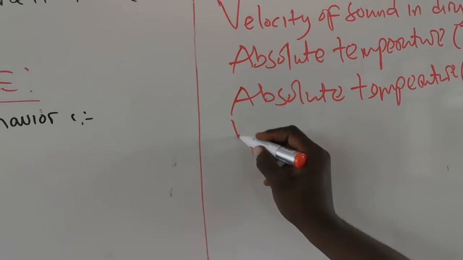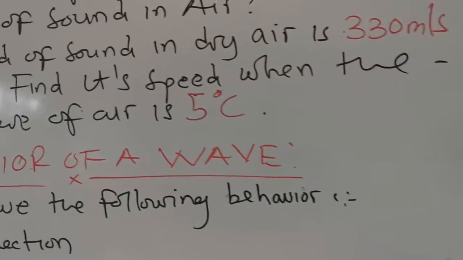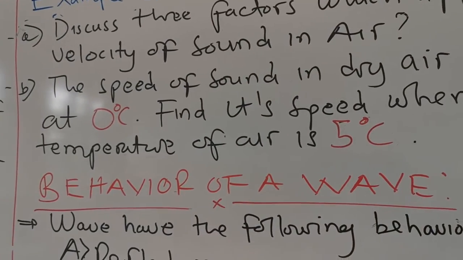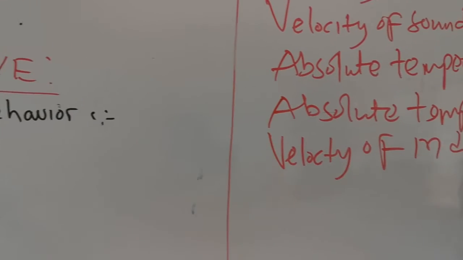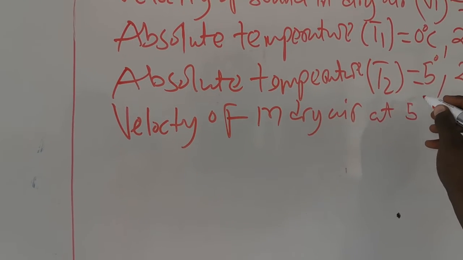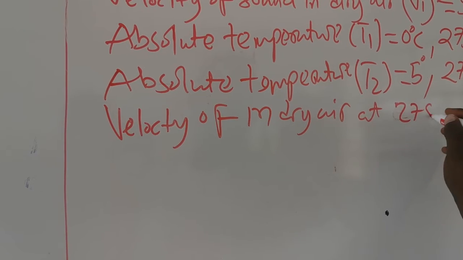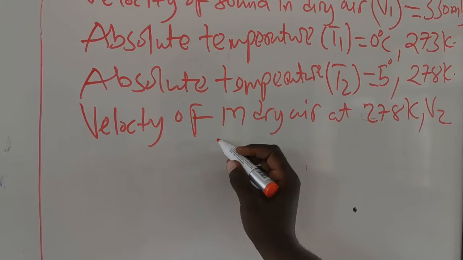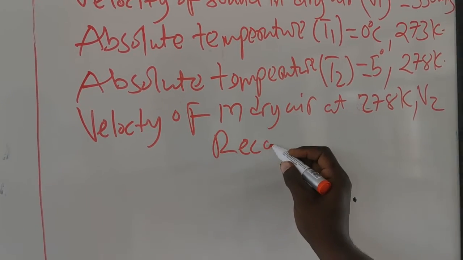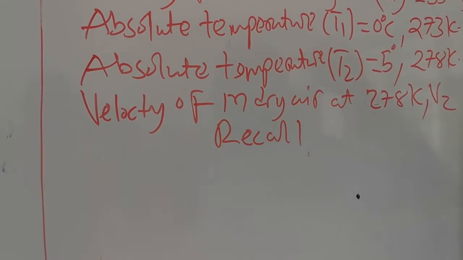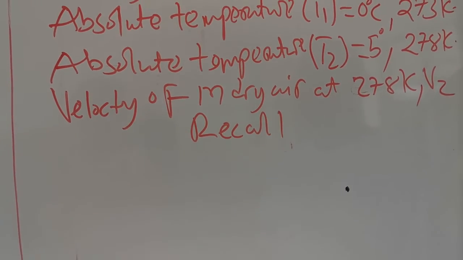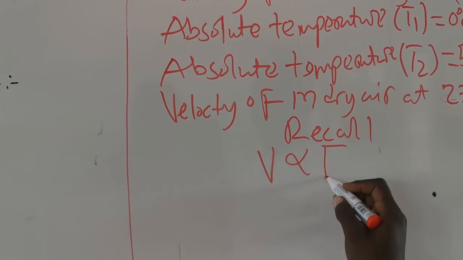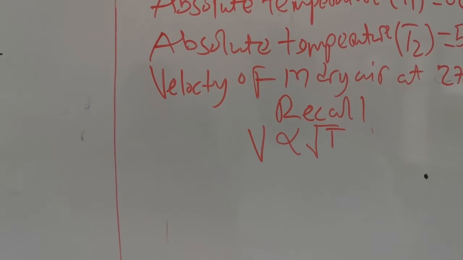Then we are required to find the velocity of sound in dry air at 278 Kelvin ambayo iwe sasa V2. Kwa hiyo nitarecall ile relationship yangu ambayo ipo kati ya velocity of sound in dry air and the absolute temperature, ambayo tunasema ya kwamba V is directly proportional to square root of absolute temperature.